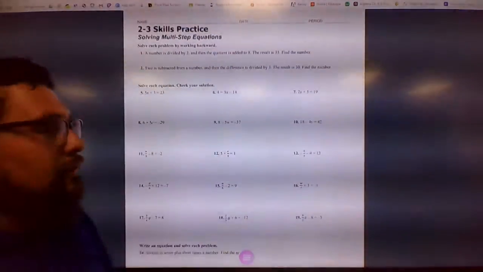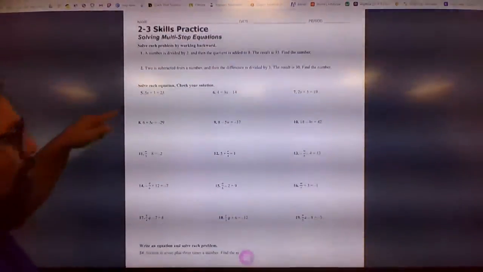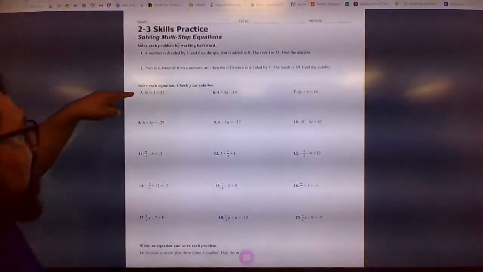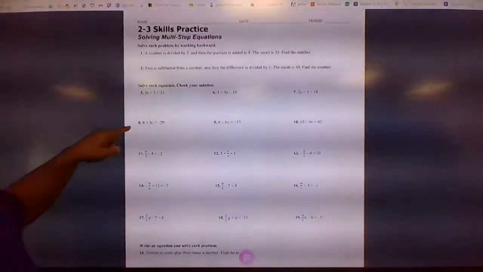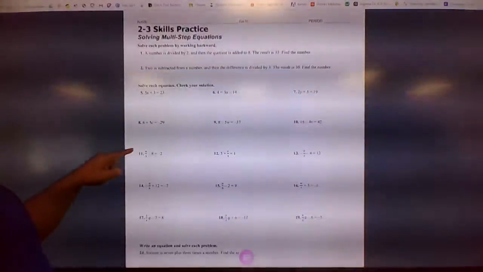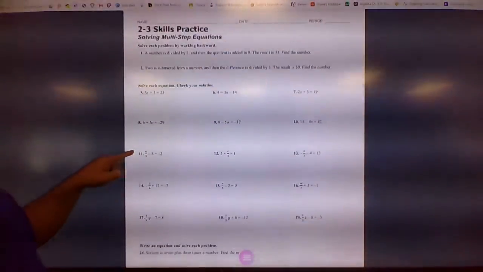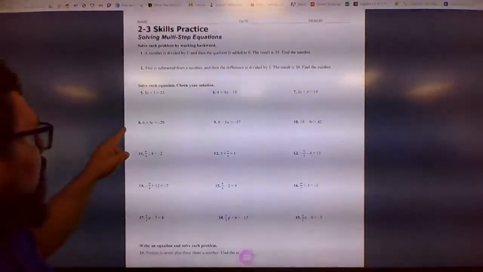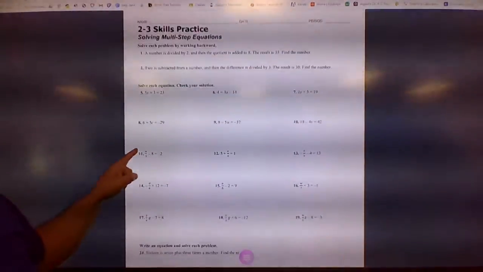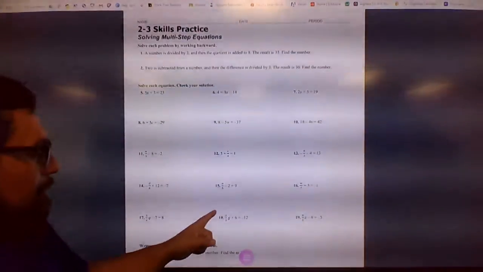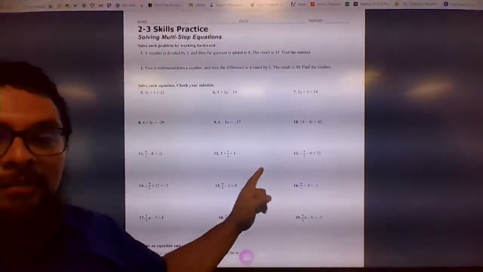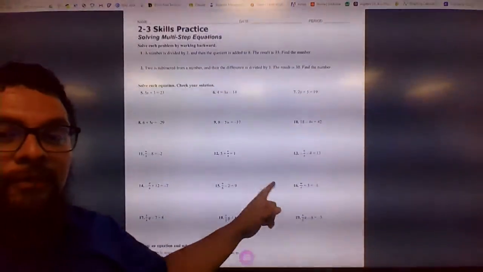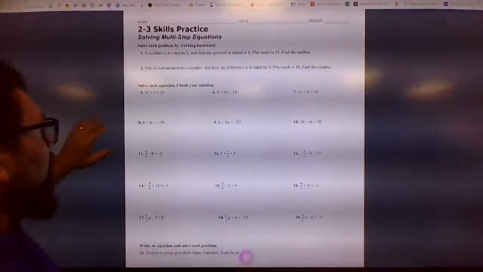Number five was pretty easy, so I won't go over the answer on that one. Number eight also was, number 11 also was, and number 15 was okay. It wasn't that bad. Number 16, though, a lot of you did have problems with. So we're going to go ahead and review number 16 right now.